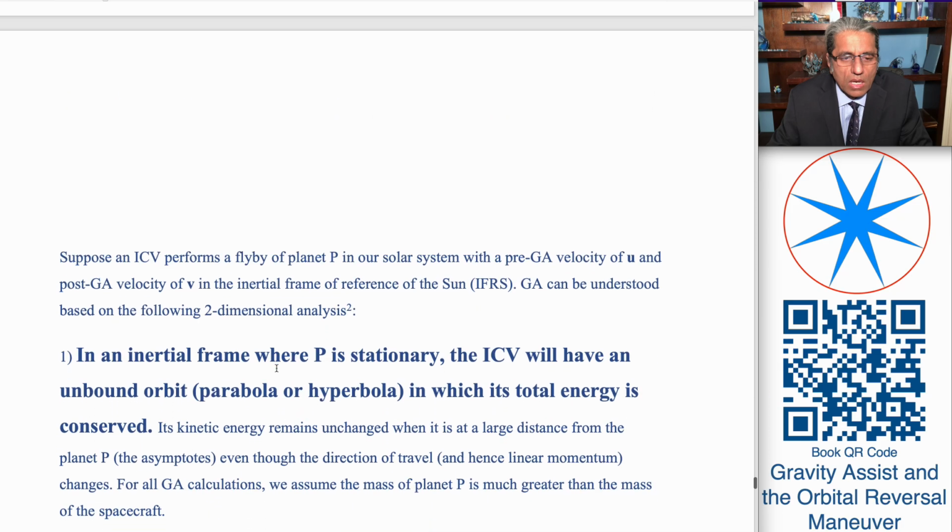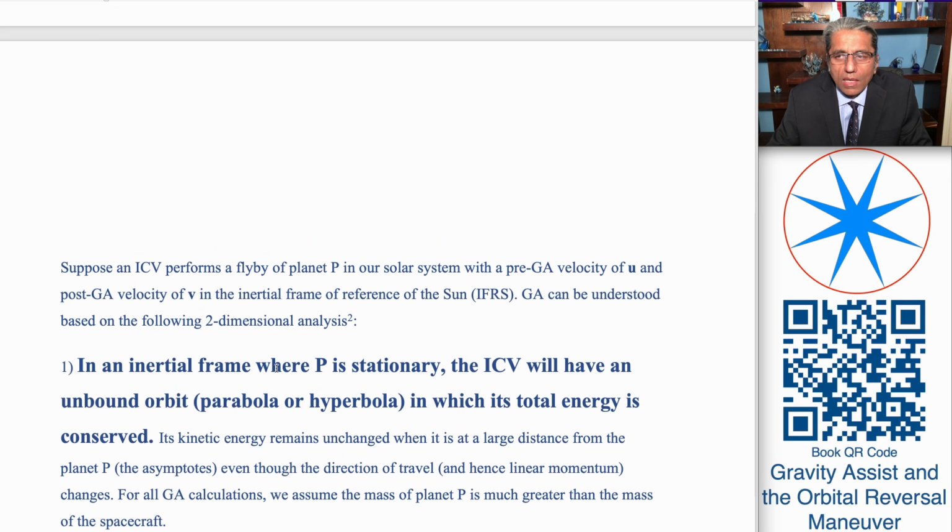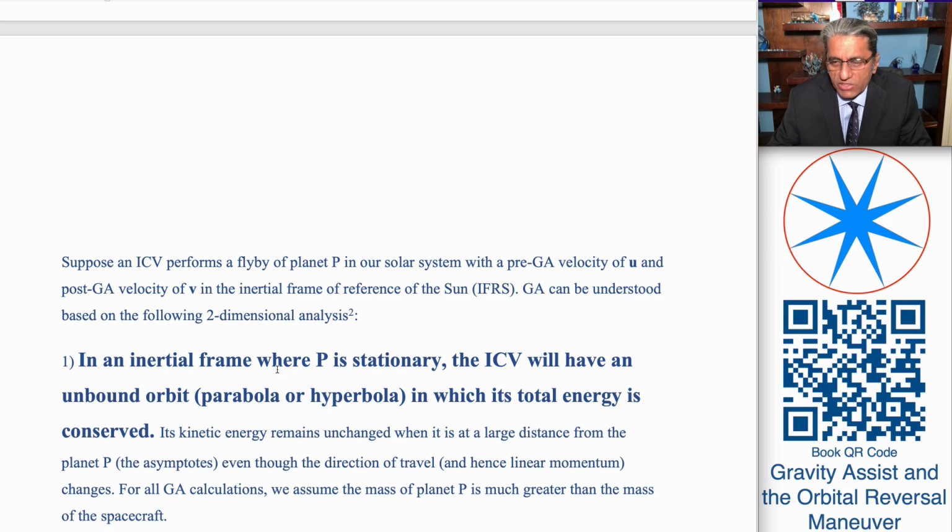Okay, when I was writing the book, I was trying to calculate how long it would take to get to Alpha Centauri, and one of the things I realized is that gravity assist can actually give a huge boost to the speed of the spacecraft and thus cut down the time taken to reach your destination.